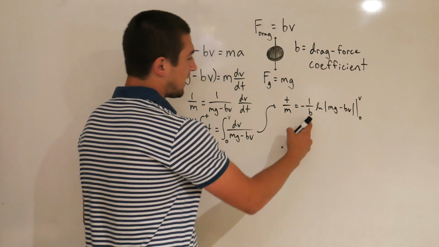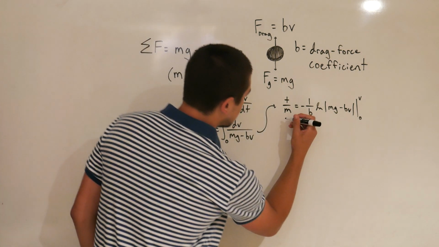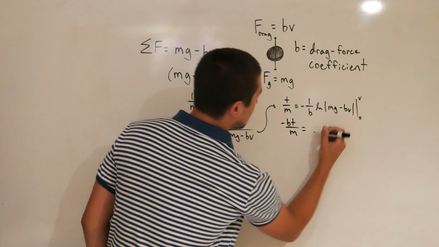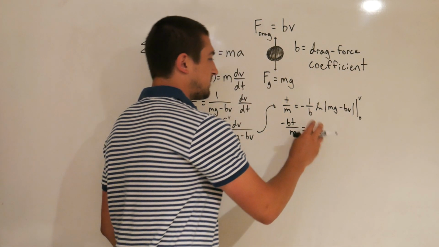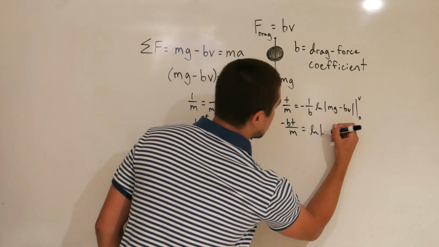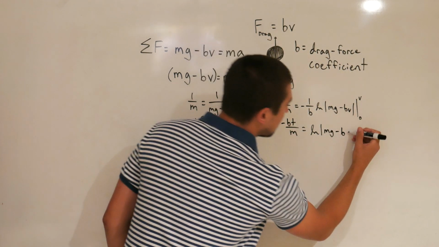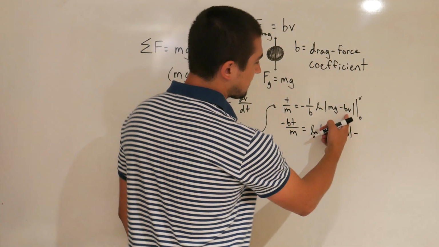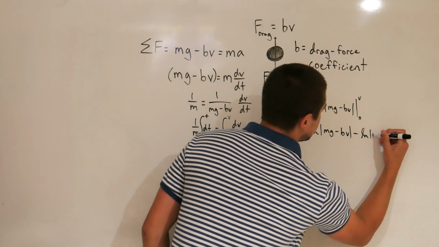Okay, I'm going to multiply both sides by negative b. So we'll have minus bt over m is equal to the natural log, and now I'm going to evaluate my bounds. I'm going to plug them in. So our top bound is v, so we'll have for the first term the natural log of (mg minus bv), and for the second term v is 0, so we'll just have the natural log of mg.